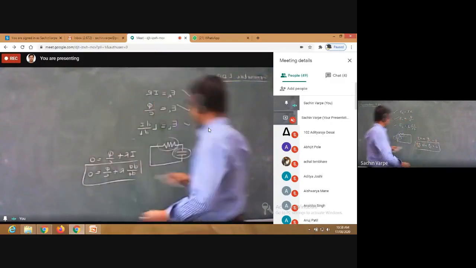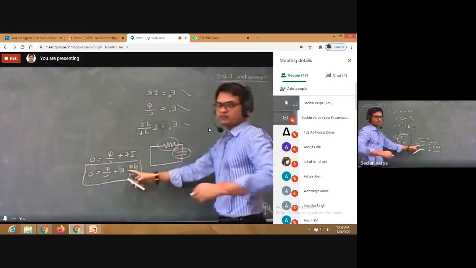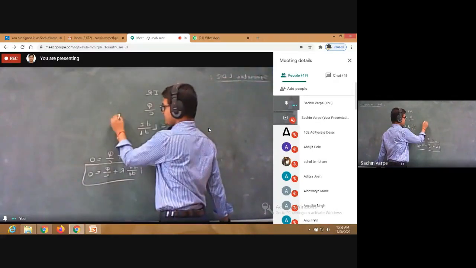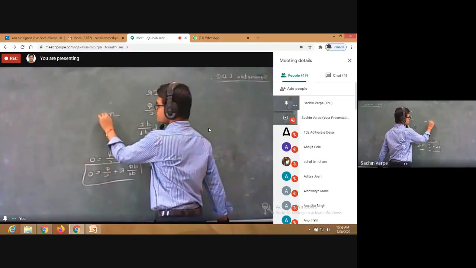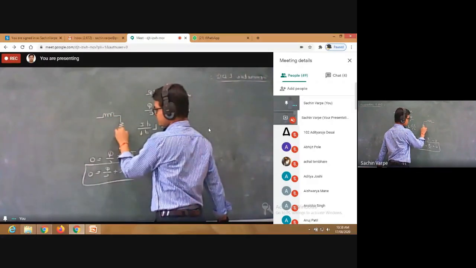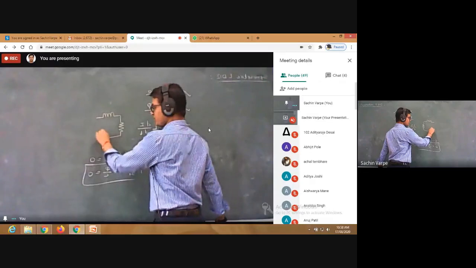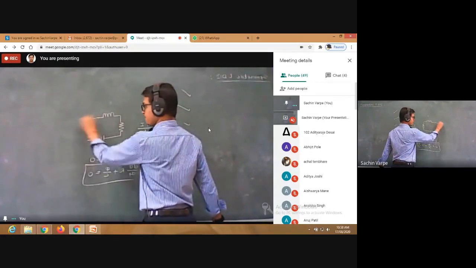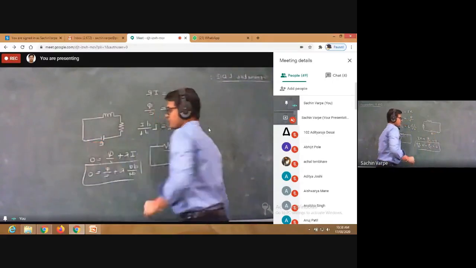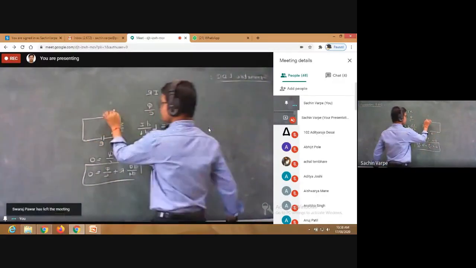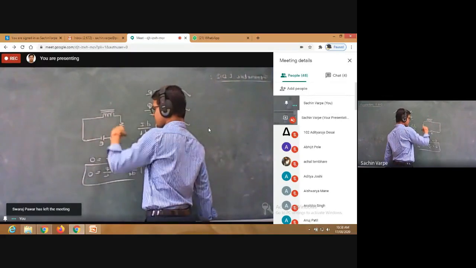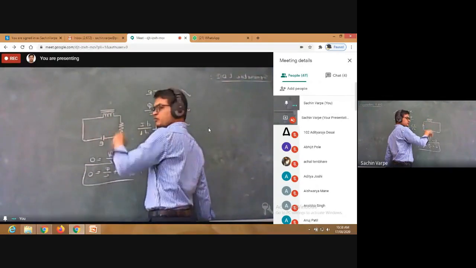Anyways, if I consider the circuit involving this, then this is a differential equation. If I consider a circuit involving an inductor and a resistor with EMF E, then what is the differential equation associated with this circuit?